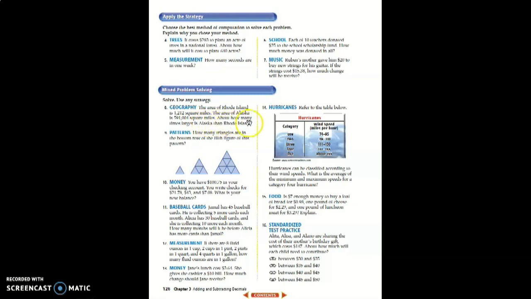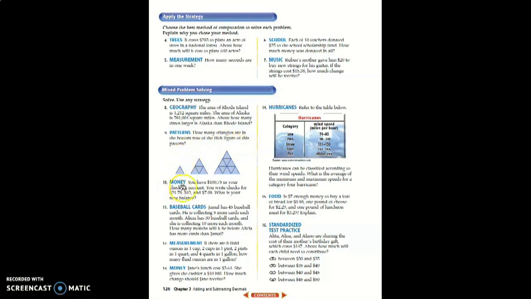About how many times larger is Alaska than Rhode Island? 9. Pattern. How many triangles are in the bottom row of the 50th figure of this pattern?